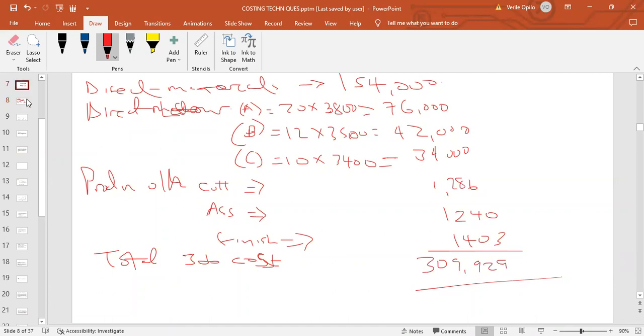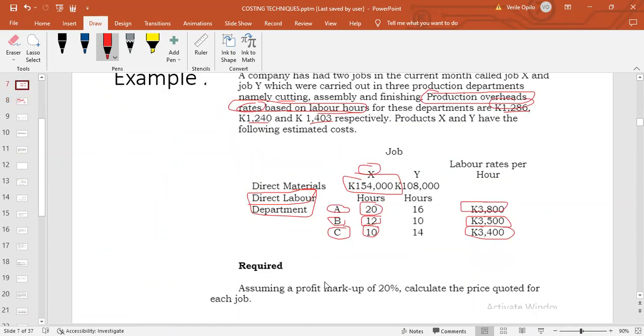The question is telling us that, assuming the company wants to make a profit markup of 20%, calculate the price quoted for each job. When you're given a markup, this is whereby the company adds an amount on top of the cost of the asset in order to come up with the price.